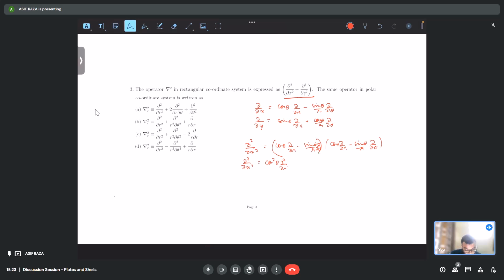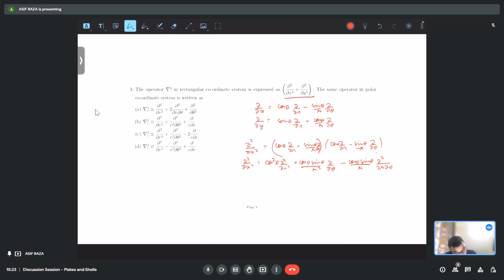Then for this ∂r operates on this r and this ∂θ. So first let it operate on r will give me minus, that will give me cos theta sin theta by r squared ∂/∂θ, and when it operates on theta that will give me cos theta sin theta by r ∂²/∂r∂θ.